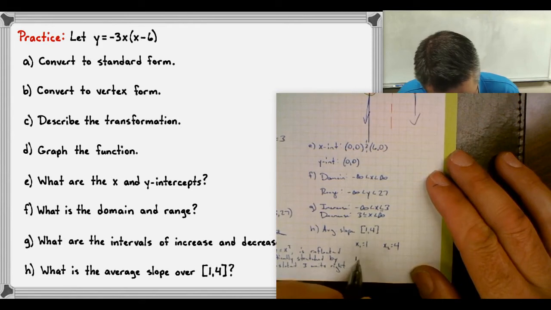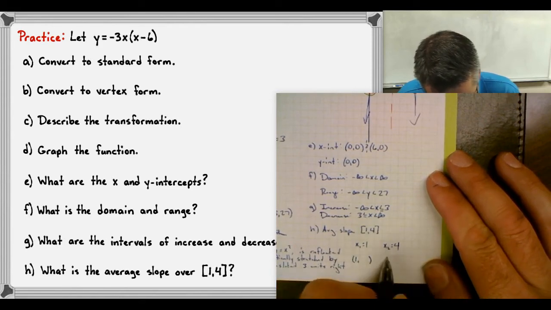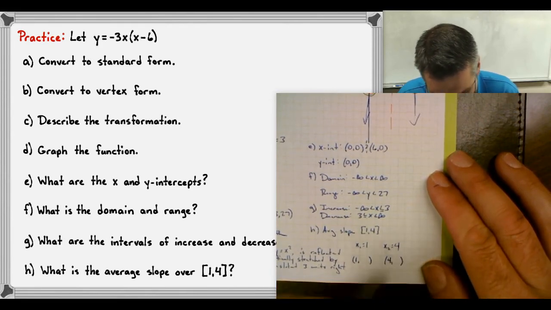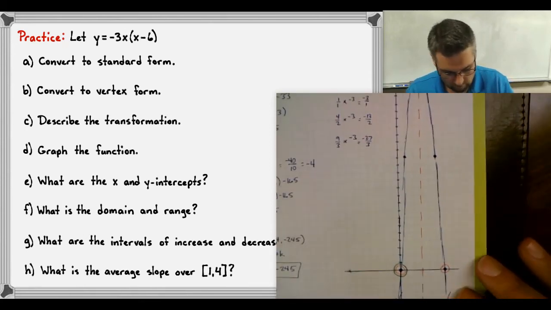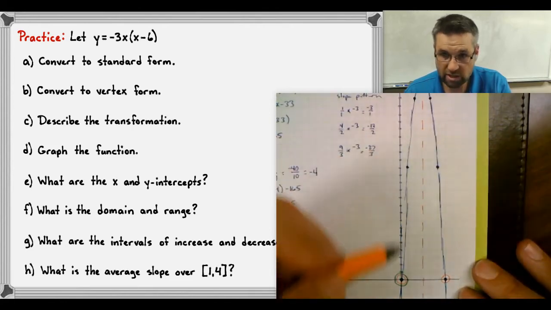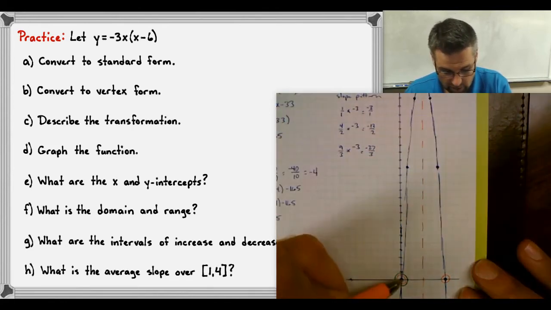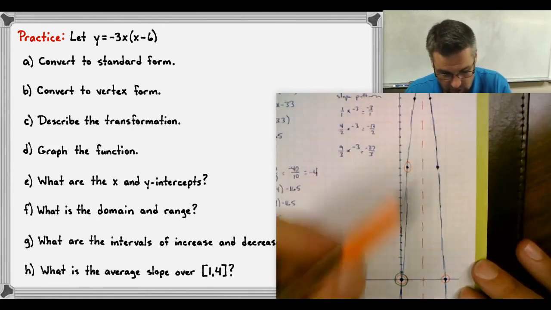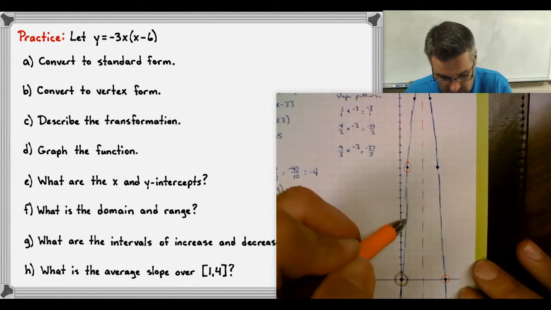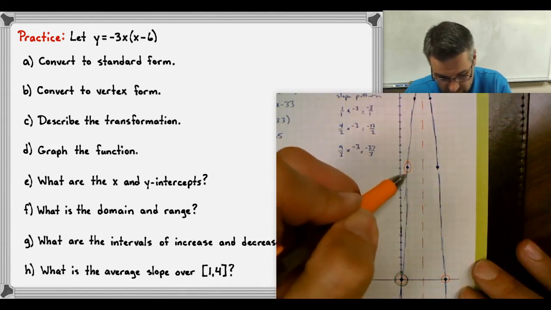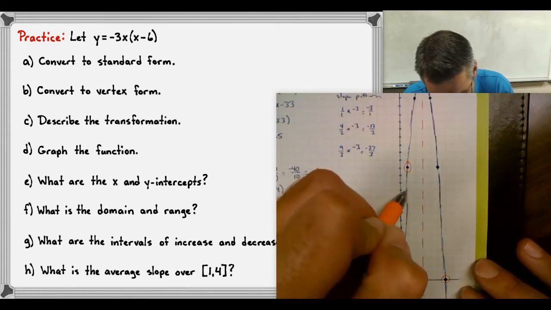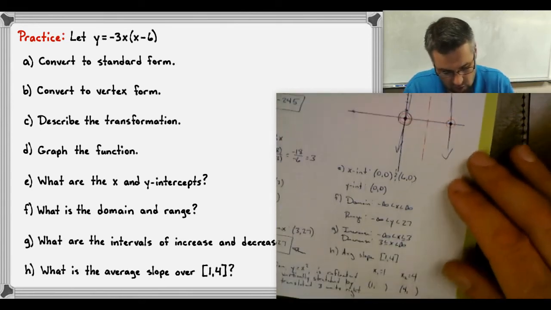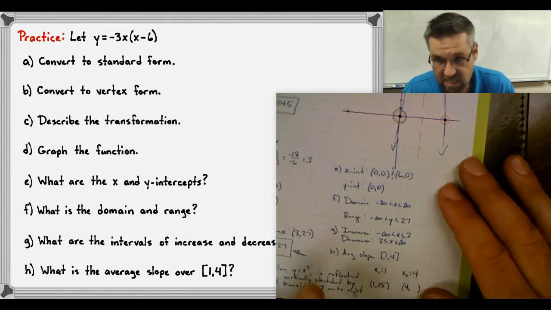Well, the first coordinate is 1, comma something, and our second coordinate is 4, comma something. We have to figure those out based on the graph. So if I go over 1, what is the y value there? Well, the y value when I go over 1 is this y value. That is 2, 4, 6, 8, 10, 12, 14, 15, it looks like. Count that again. 2, 4, 6, 8, 10, 12, 14, 15. And so our coordinate is (1, 15).